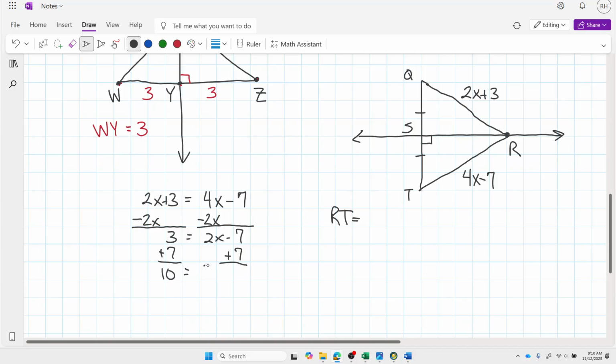So 10 would be equal to 2x, and then divide by 2. So 5 is equal to x. And R to T would be equal to 4 times 5 minus 7. Four times 5 is 20, minus 7. 13. Very good. 20 minus 7 is 13.